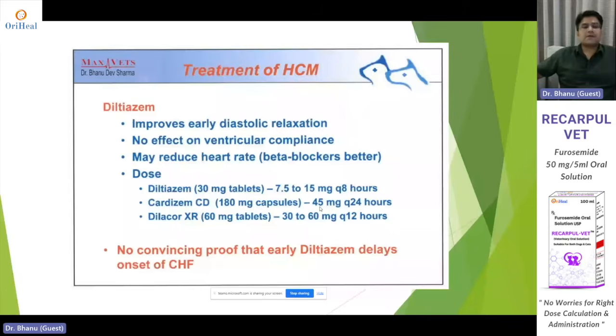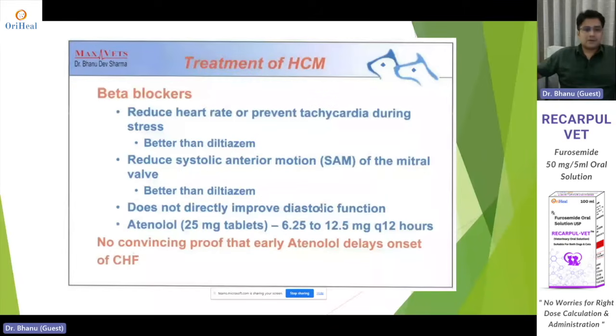Beta blockers, a commonly used beta blocker is atenolol. What it will do is reduce the heart rate. It will prevent tachycardia. It will reduce the systolic anterior motion of the mitral valve, and that is important in cases of SAM, because SAM will cause more and more hypertrophy of the left ventricle, right? So this drug does not improve the diastolic function directly, but we are treating the symptoms.